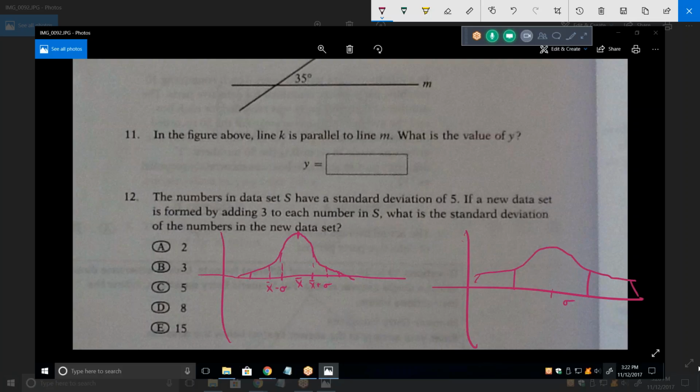If I give you 9 numbers, 3 ones, 3 twos, and 3 threes, that doesn't have a big spread to it. But if I give you 1, 2, 3, 4, 5, 6, 7, 8, 9, 10, 11, 12, that's got a much bigger spread. The standard deviation on the second set of numbers is definitely greater than on the first set. Okay. So when we say we have a standard deviation of 5, it basically defines a curve of that shape.